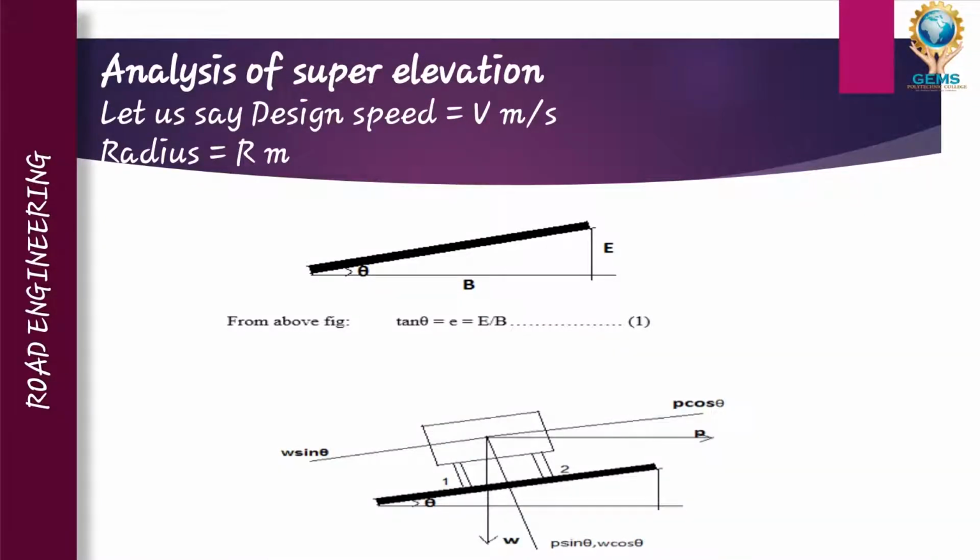Analysis of super elevation: let us say design speed is v meter per second and radius is R meter. As we can see in this image, this is the outer edge and this is the inner edge.